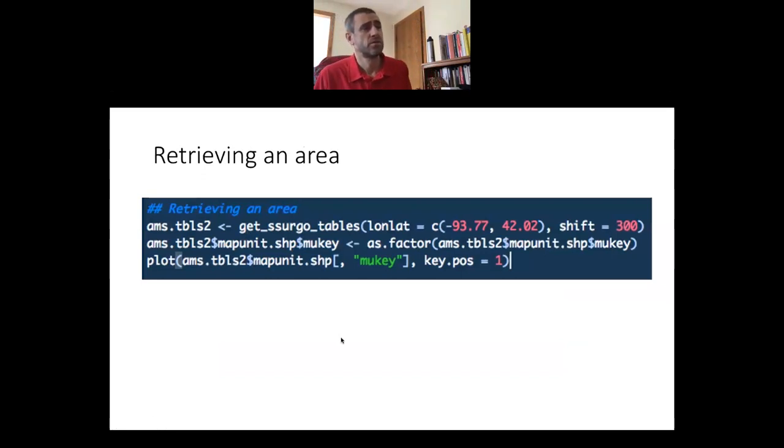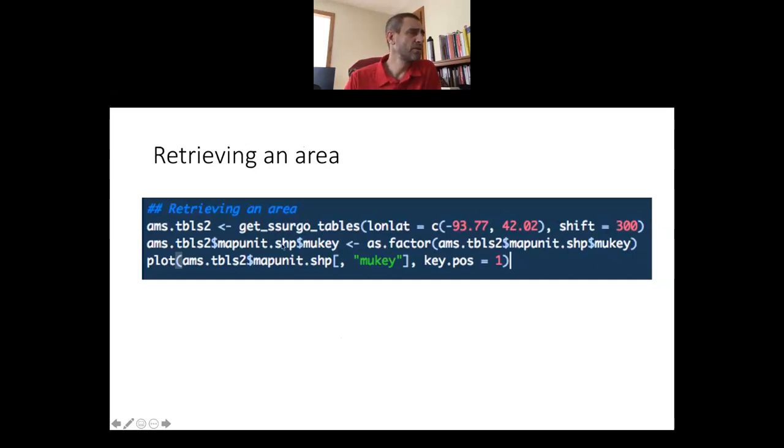So the figure I've shown you before, you can retrieve an area. I did this just for simplicity. You can use a shift argument with this number here, 300, which represents the number of meters that you can draw a square, starting with this as the southwest corner. And you can draw a square of 300 meters by 300 meters.